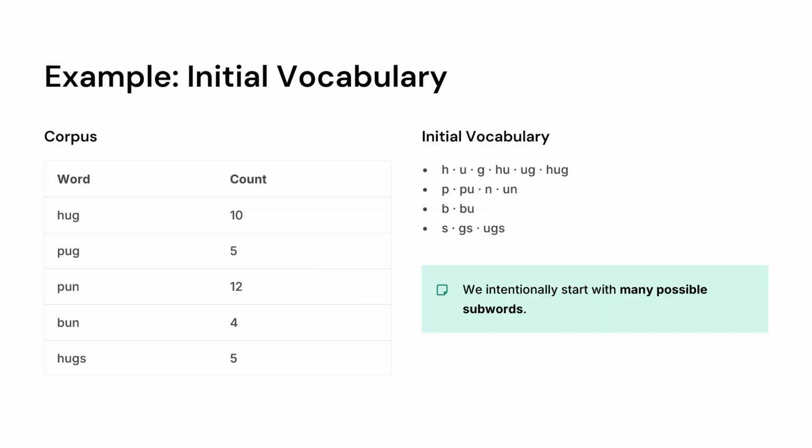So let's understand the working of this algorithm with the help of an example. Here we have taken a corpus where we have only 5 words with a frequency count given. We initially start with a very large vocabulary where we consider all the possible subwords of a particular word, as you can see in the example.